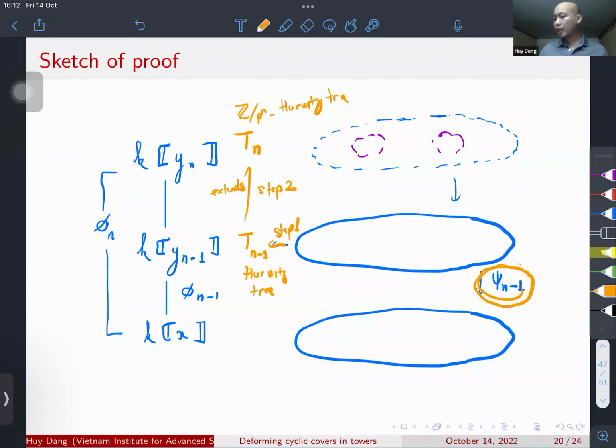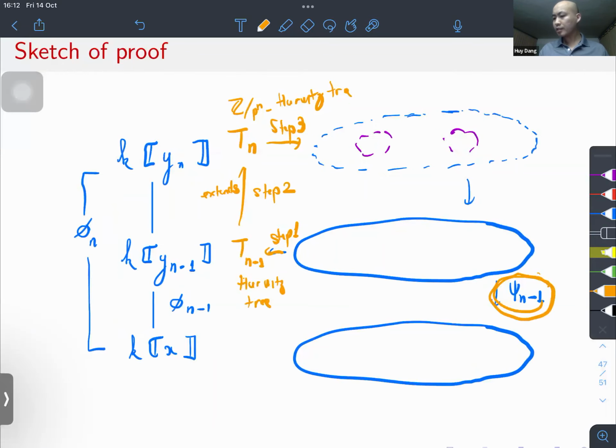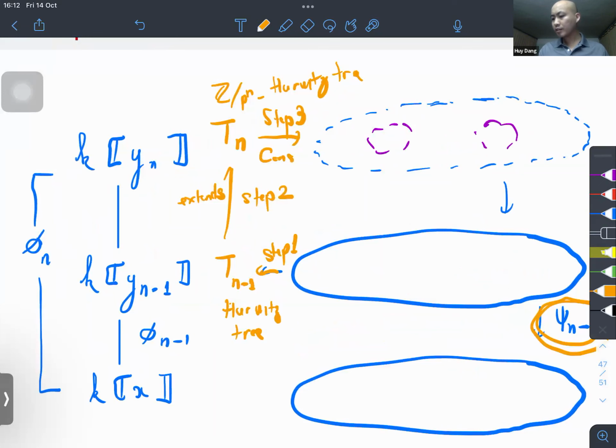And finally, step 3 is the more technical one of this process. It's just the construction, using p-adic geometry, using what I call non-Archimedean geometry, non-Archimedean analysis.